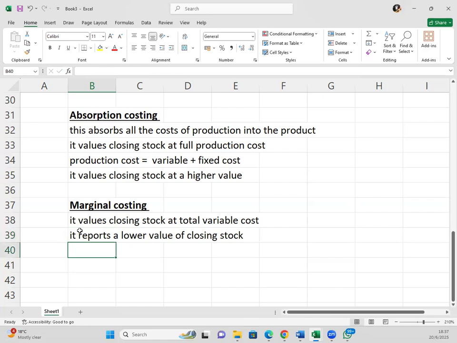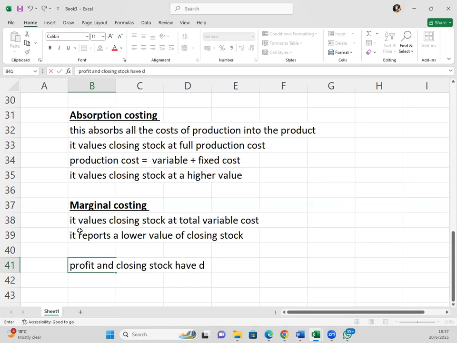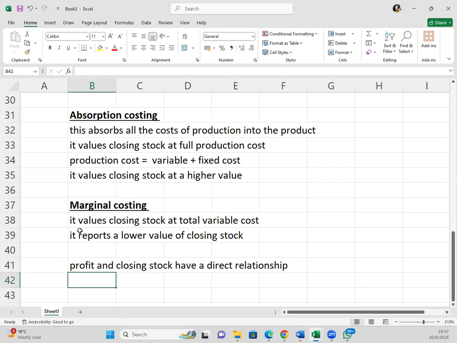Let's look at profit in general. Profit and closing stock have a direct relationship. What does this mean?